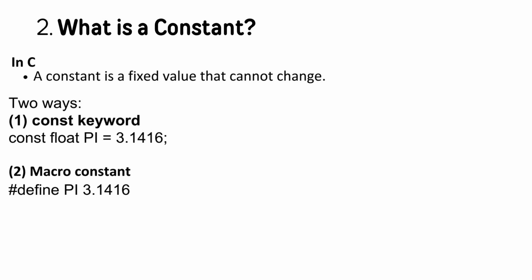So remember, whether you use const or #define, constants help make your code cleaner, safer, and easier to maintain. And you always use a constant value when it is not changing. Suppose we know that the value of pi is 3.1416 and it will not change.